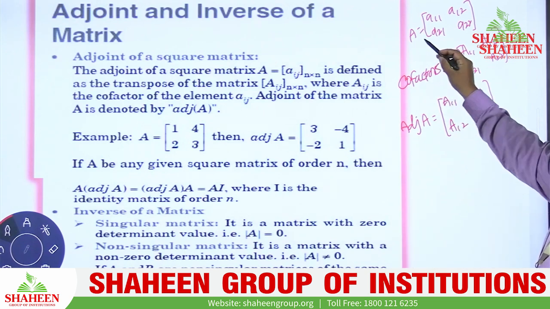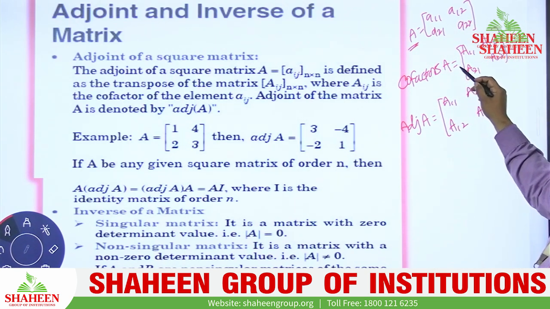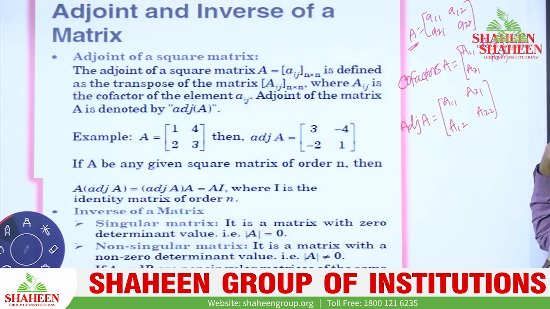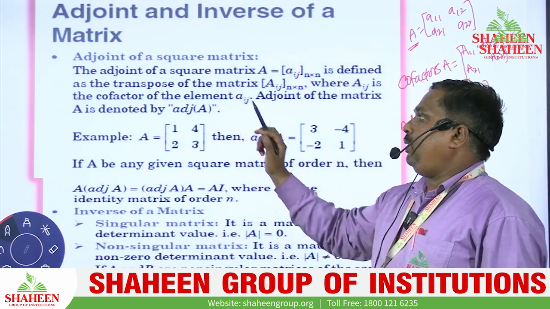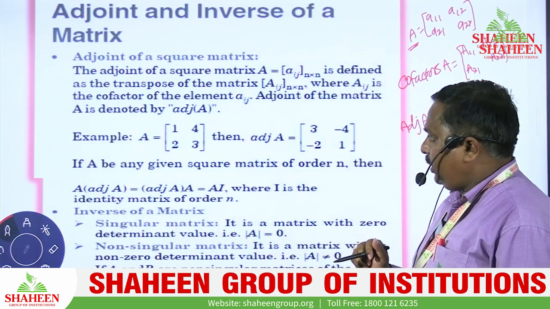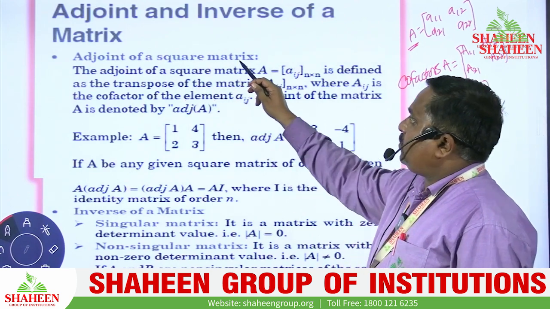The given matrix A is of order 2 into 2, and this becomes the cofactor. Cofactor transpose is nothing but the adjoint of the matrix A. Adjoint is denoted by adj A. So what is adjoint of the square matrix A?